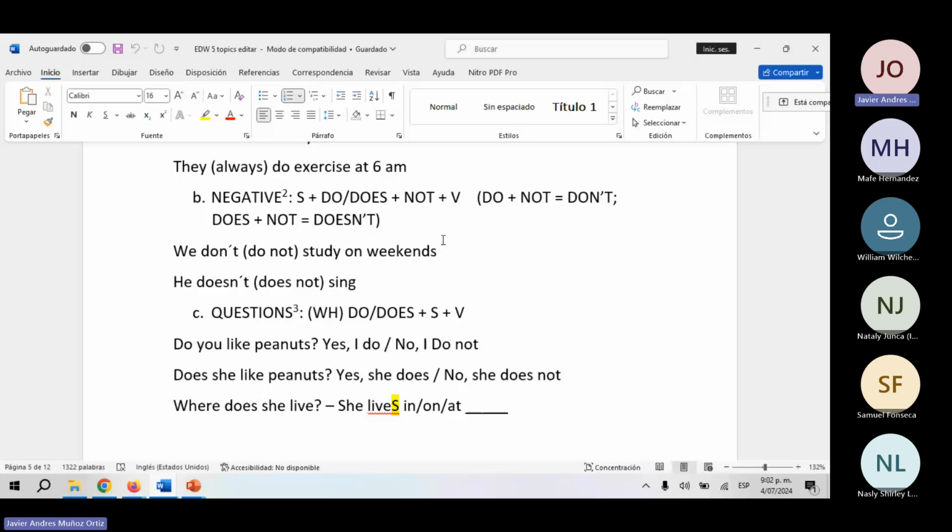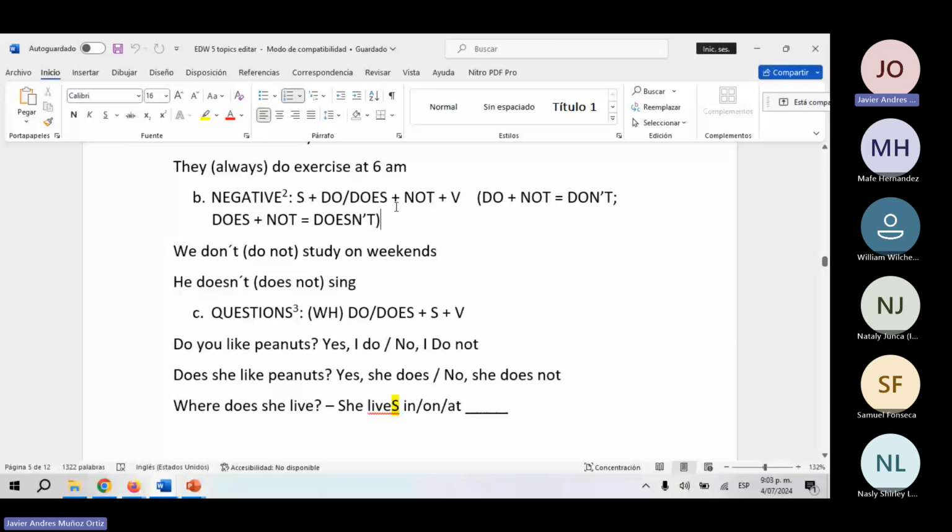And the contraction is going to be don't or doesn't. Where are we going to put this? Like in Spanish: Marcos no escribe, Mariana no vive en Bogotá, para no ser tan trágicos. Ellos no juegan, and so on. The same happens here in negative sentences with simple present tense.